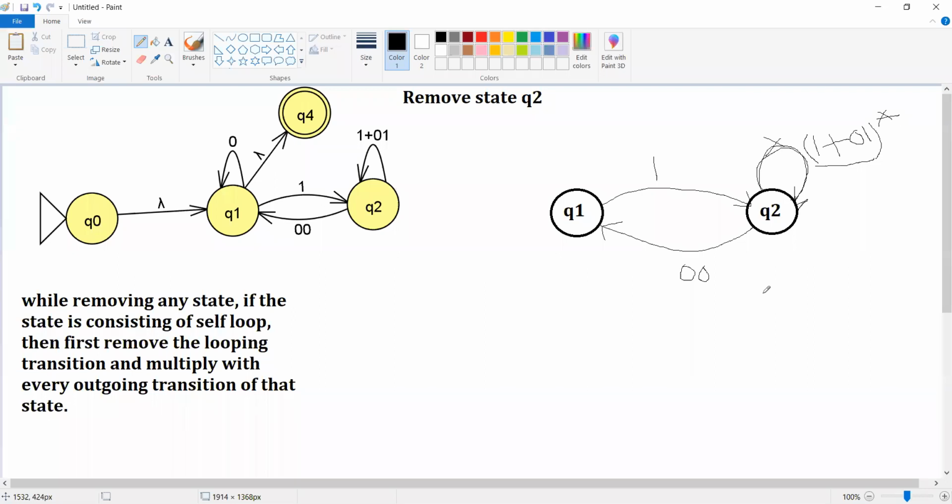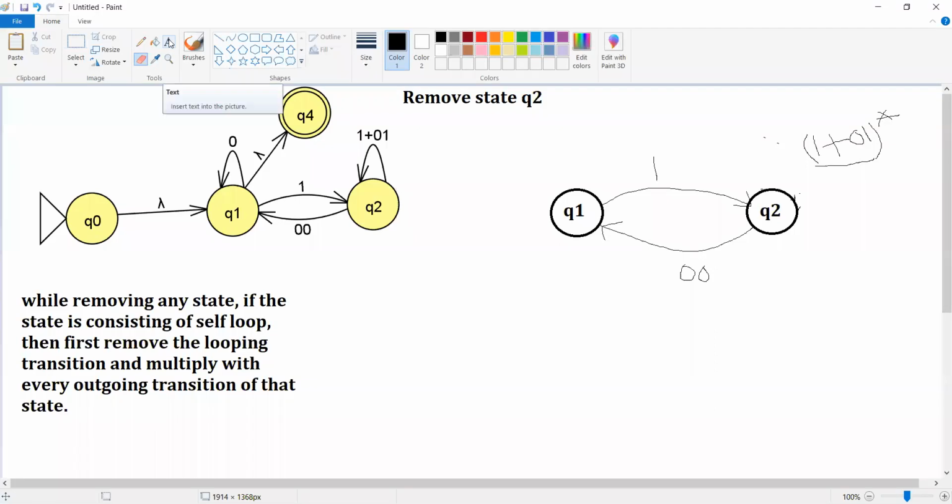So when I remove this looping transition, we need to multiply this loop term with this outgoing transition.